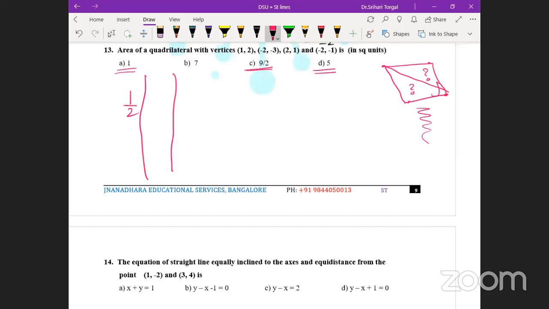Okay. I think many of them got the answer. What you have solved is wrong. I'll tell you why. If you solve this using this method, I'll tell you the reason, how to take the points here.